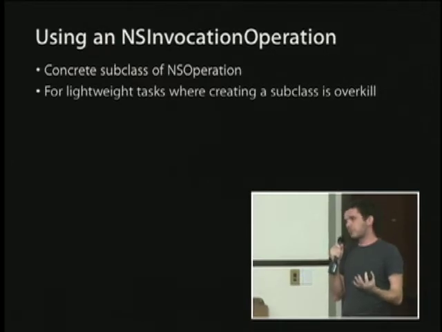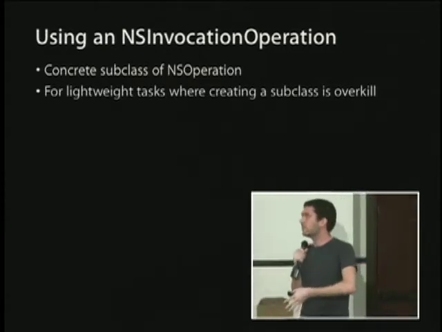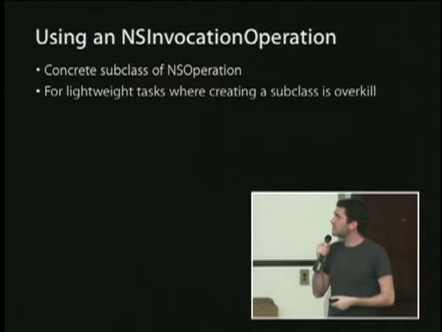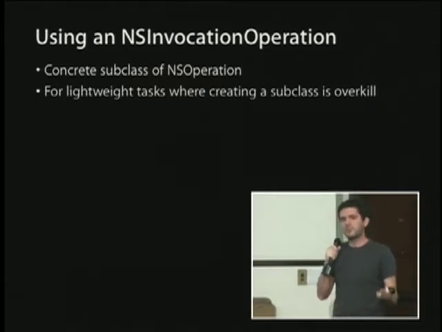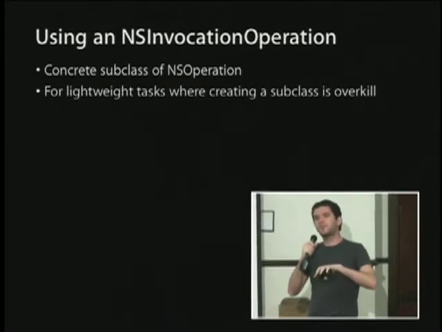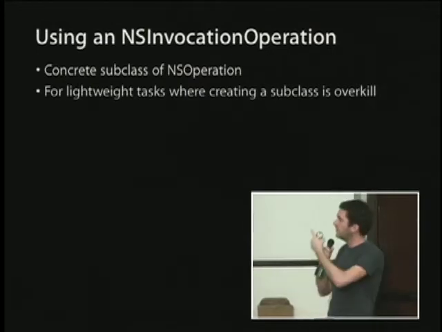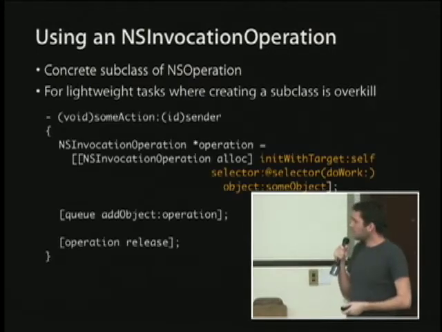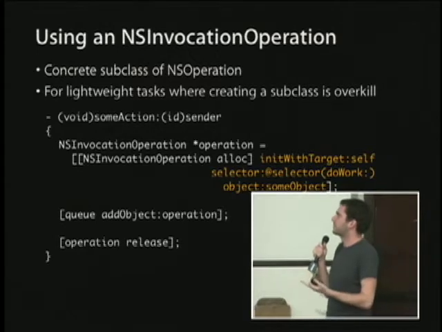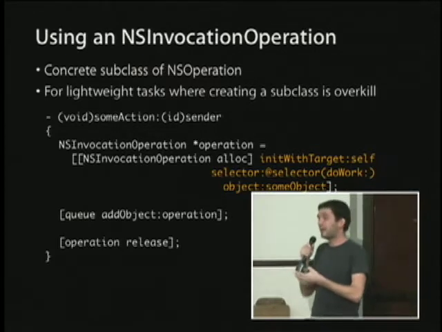So there's a concrete subclass that is actually provided for convenience by Foundation that makes a lot of this easier, so you don't have to go about subclassing all the time, and that's NSInvocationOperation. It's actually pretty convenient for when you have just lightweight things that you can easily define in a single method. If you don't have a lot of data associated with it that would be useful to encapsulate in a separate subclass, you can just use this NSInvocationOperation, which you would call init with target self, selector, whatever the selector for doing your work would be, and pass in one object.